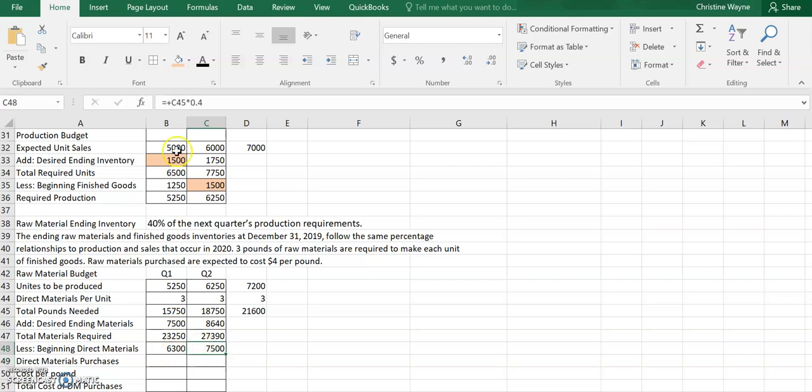And again, you can remember my beginning inventory should be the same as my previous month's ending inventory. And it is, so I know I did something right. Then I can look at how much I have to actually purchase by taking my total needs, subtracting my beginning inventory, what I already have, and it'll tell me how many pounds I need to purchase.